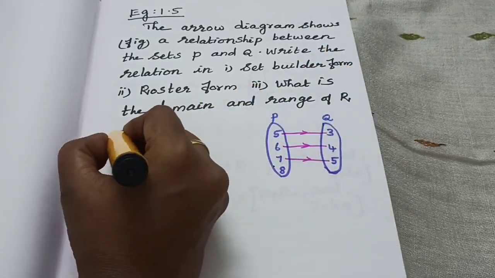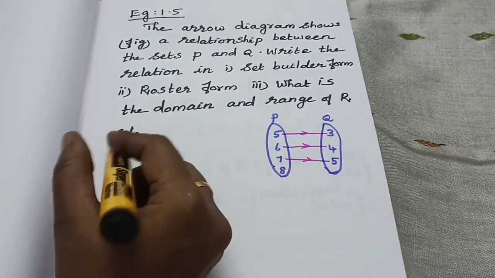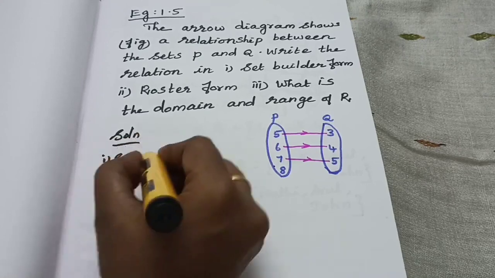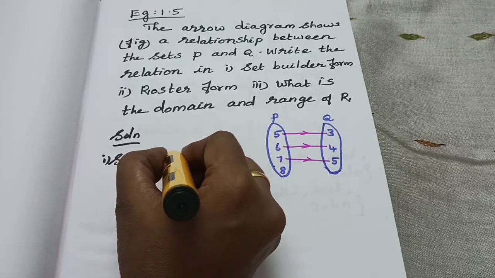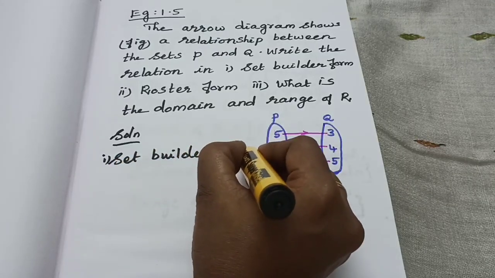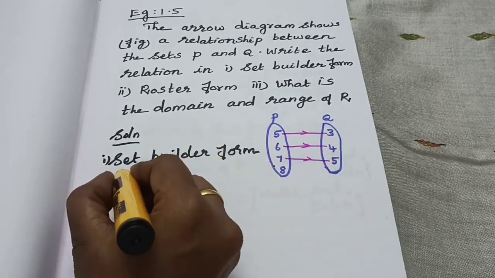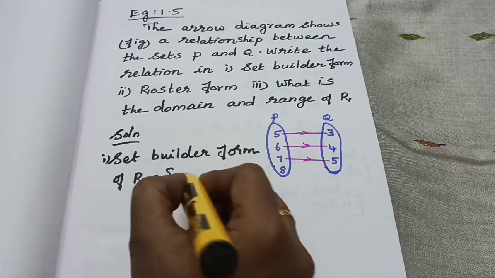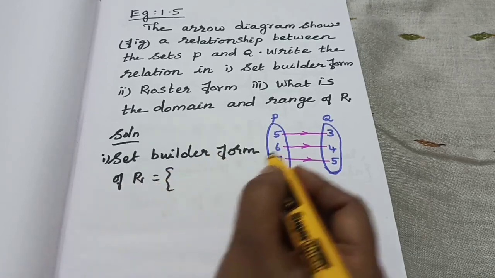Solution. Set builder form of R is equal to set builder form. How can we find it?